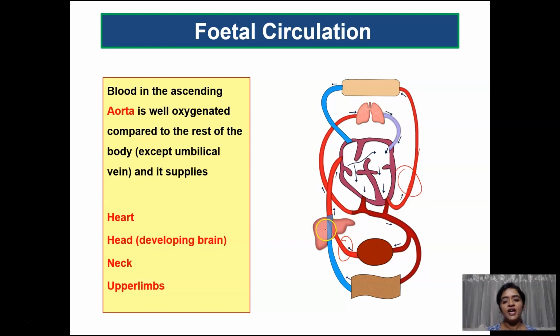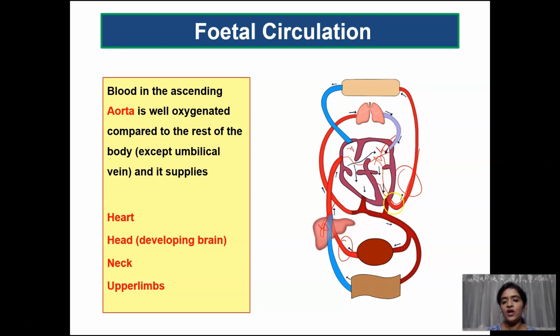But due to a slight mix up from the hepatic veins, the blood passing through the ascending aorta also has the pulmonary veins joining with the blood coming through the inferior vena cava, right? So there is a slight mix up through the hepatic veins and a slight mix up through the pulmonary veins.